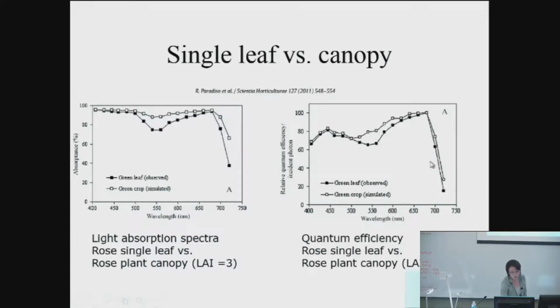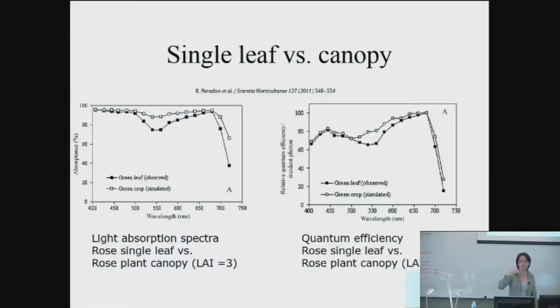The leaf response clearly shows green light is not efficient, because the leaf has a bit more reflection in the green range, so it doesn't contribute to photosynthesis as much as blue or red light. But in a canopy, reflected light has another opportunity to be absorbed by neighboring leaves or lower leaves.